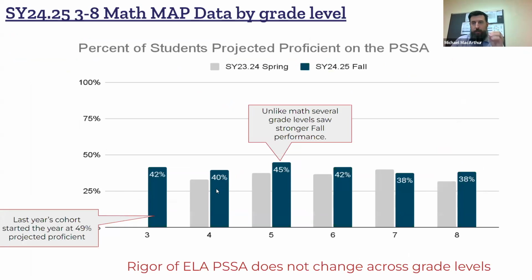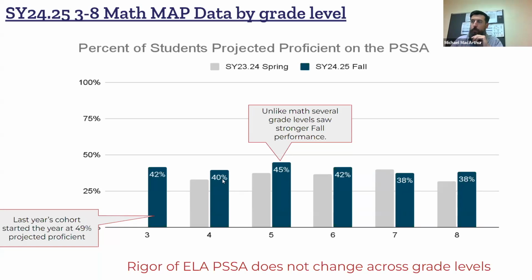Doing the same thing, now we're looking at the same data for ELA, and you can see that stair-step pattern has disappeared. That's because that quirk that I talked about with the math PSSA does not exist with the ELA PSSA. You have to perform at the same place relative to your peers in order to demonstrate proficiency. So we do see more of a steady pattern, you don't see that stair-step.